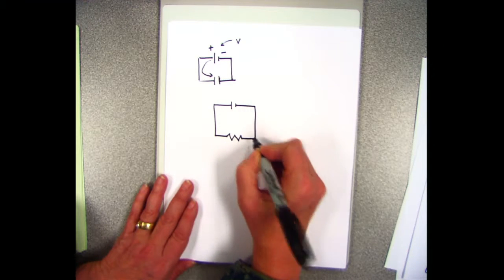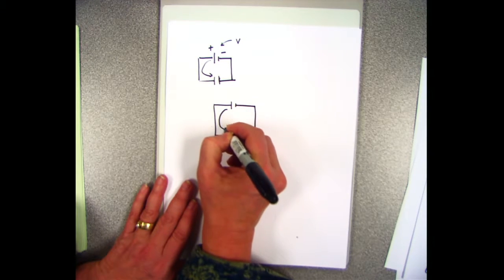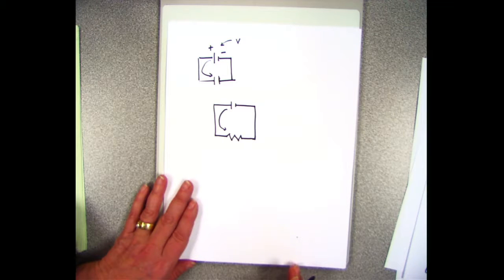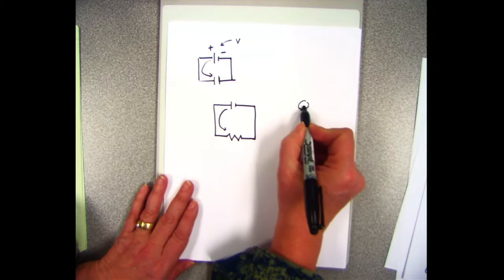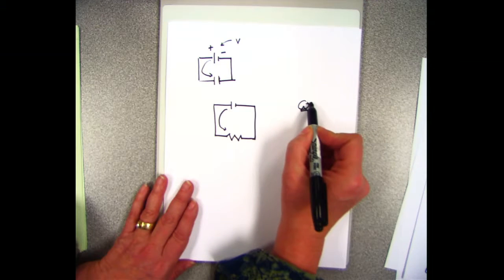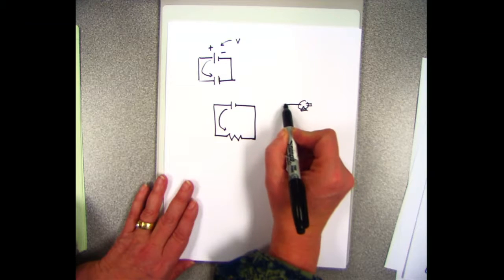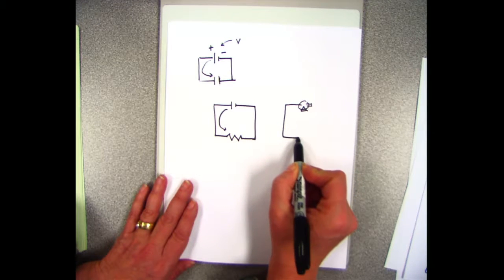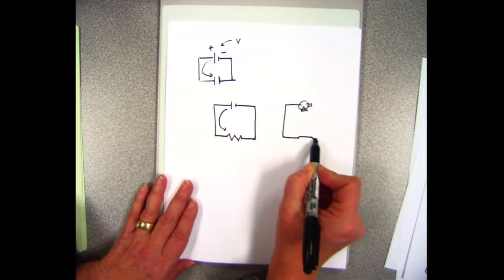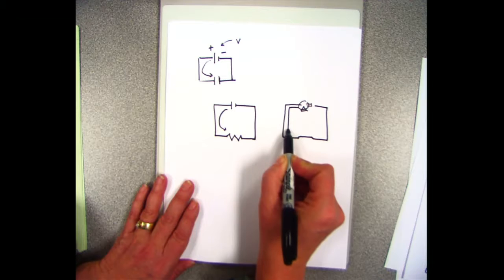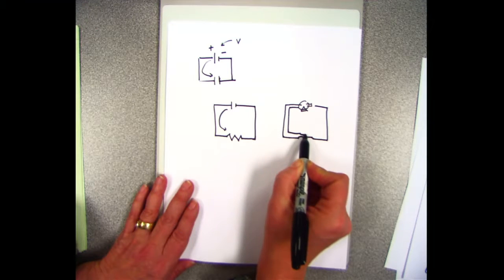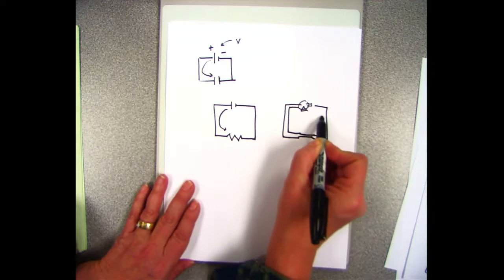My current is going to go that way; once I flip the switch, I'm going to get current that goes through my circuit. The resistor, I can look at very similarly, so I'm going to draw it a little funky here. Here's my pump, and I've got water flowing through a pipe, and I'm going to cause a little restriction in the pipe, a little narrow piece of the pipe.